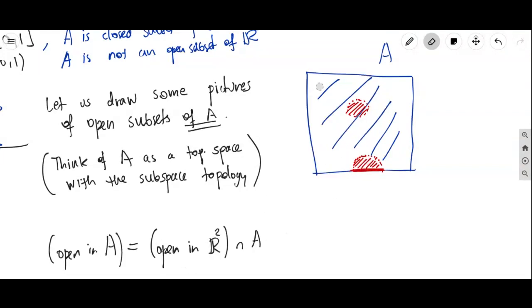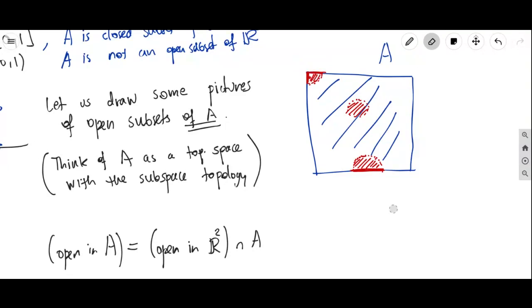And then you could also do the same thing with the corner. So if you were to draw, let's say, an open disk right at that corner, and you intersect it with A, you're going to pick up the part that intersects with A. So you're going to pick this up, you're going to pick that up, and you're going to pick up all of this. And then you would remove the part which is outside of A, and this is an open subset.